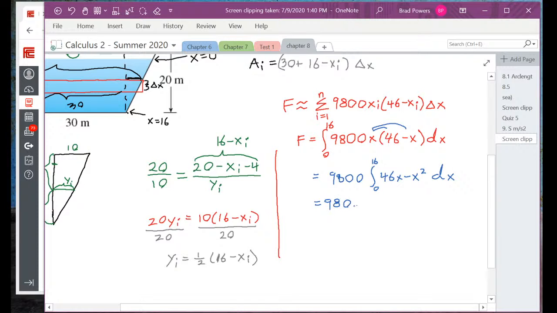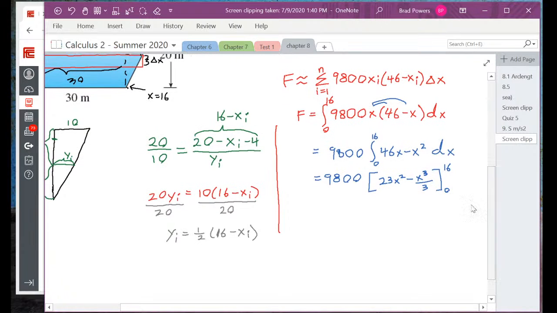Then integrate: 46x squared over 2 is 23x squared, minus x cubed over 3, evaluated from 0 to 16.